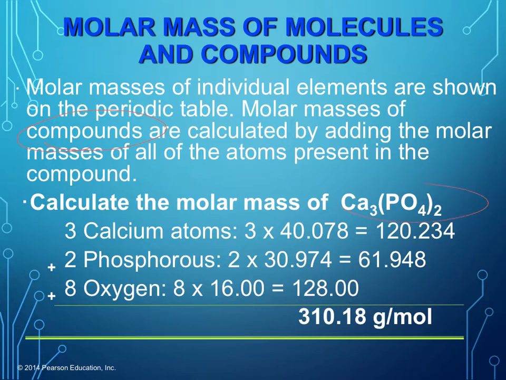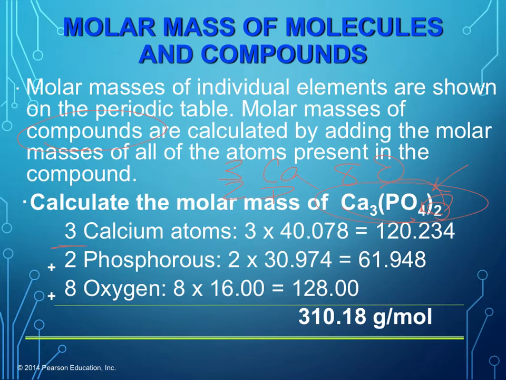So, for example, calcium phosphate has 3 calcium, has 2 phosphorus, and it has 2 times 4 or 8 oxygen. How do you get the molar mass of this compound? You simply add up the molar masses of all of the individual atoms that make up that compound.